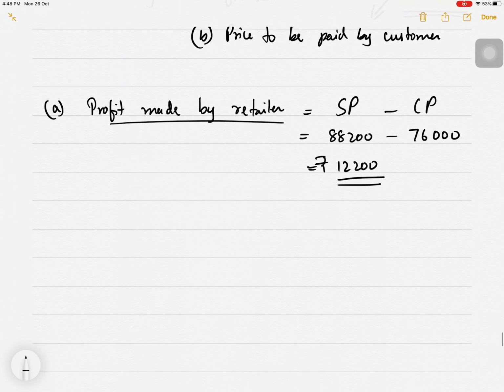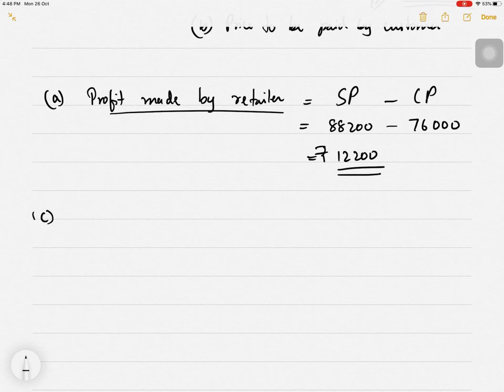C is percentage of profit made by retailer.